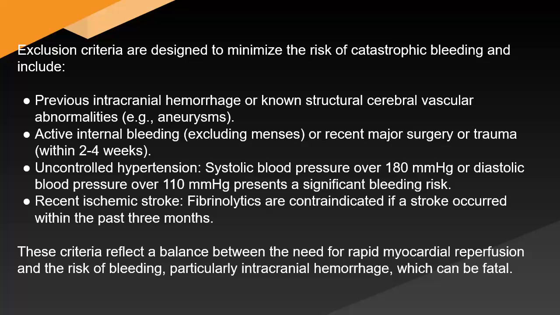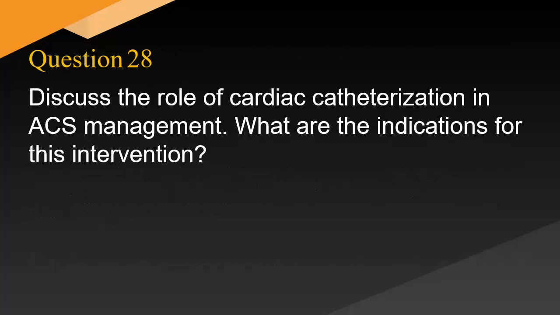Uncontrolled hypertension, systolic blood pressure over 180 mmHg or diastolic blood pressure over 100 mmHg, presents a significant bleeding risk. Recent ischemic stroke. Fibrinolytics are contraindicated if a stroke occurred within the past 3 months. These criteria reflect a balance between the need for rapid myocardial reperfusion and the risk of bleeding, particularly intracranial hemorrhage, which can be fatal. Discuss the role of cardiac catheterization in ACS management.